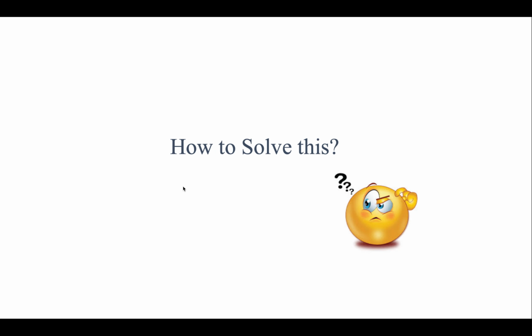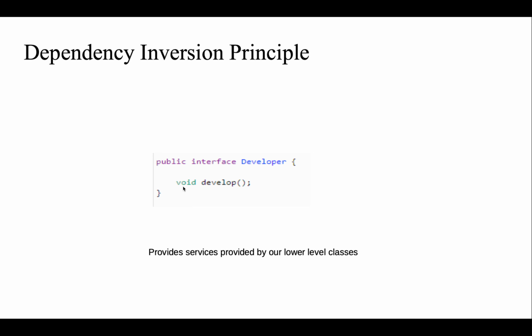We will take the help of interfaces to create the abstract layer. As per the definition, the abstract layer should provide the services required by higher level modules or provided by the lower level modules. In our case, the lower level modules, that is front end developer and back end developer, provide the service of code development.